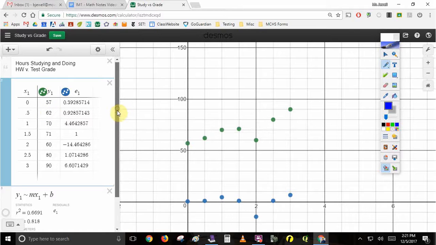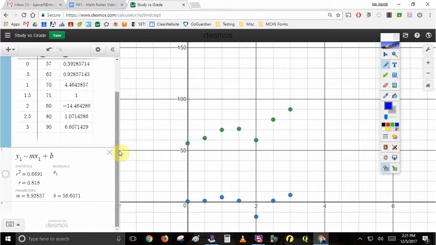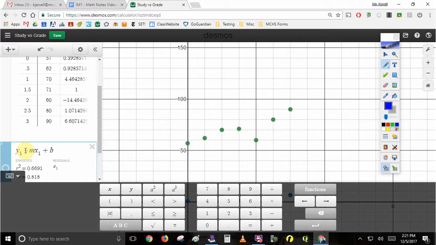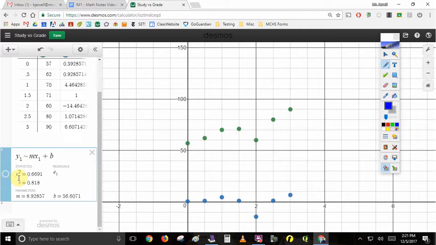We found the LSRL in Desmos pretty quickly by going back to our equation for a line, y equals mx plus b. Instead of y equals mx plus b, we write y1 tilde, it's a little squiggly on the top left of your keyboard, mx1 plus b.